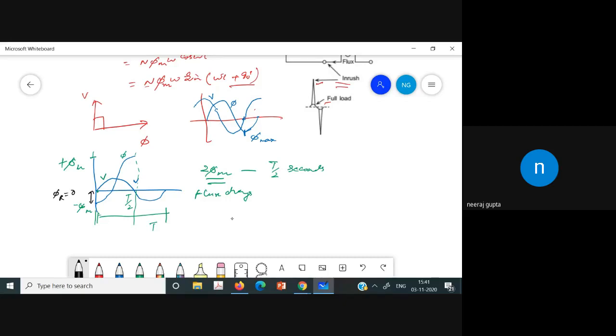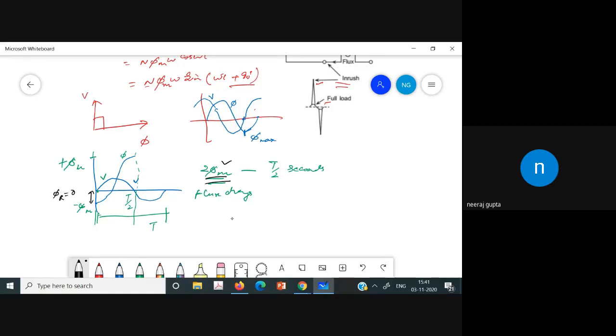So it means that the flux must reach a peak value of 2 phi m. In that case, it must cover the distance of 2 phi m in half the cycle.